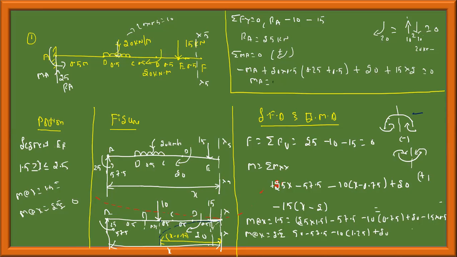At x equal to 1.5, how much are you getting? 25 into 1.5 minus 10 into x minus 0.75.